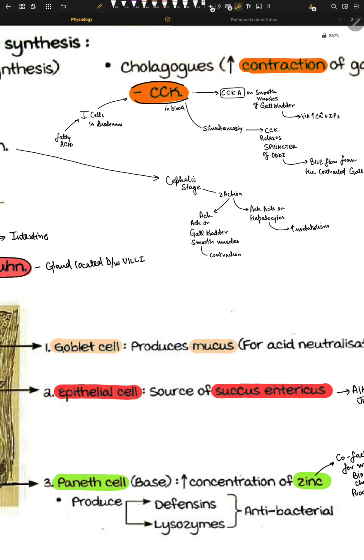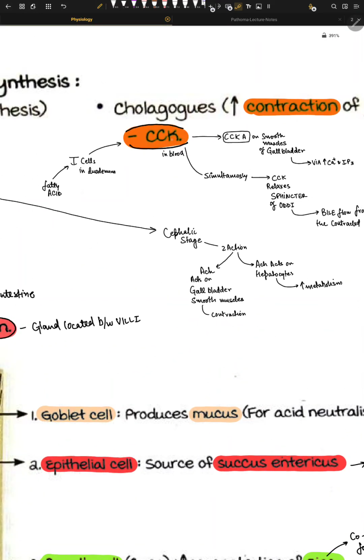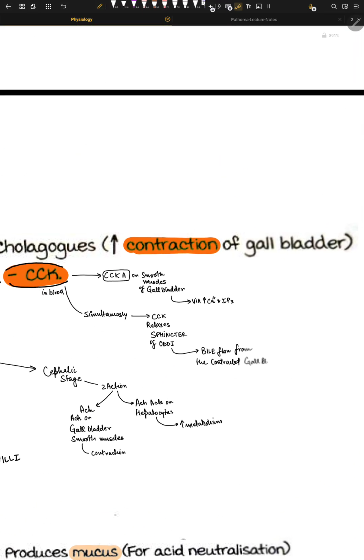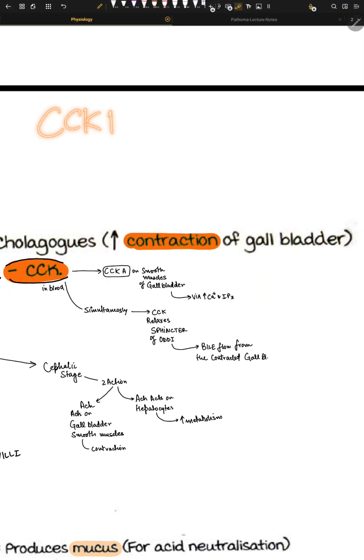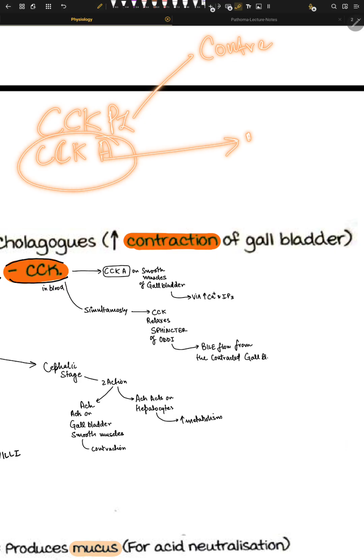So CCK-PZ can lead to contraction of the gallbladder, and CCKA can lead to relaxation of the sphincter of Oddi, so that the bile can get secreted from this contracted gallbladder.